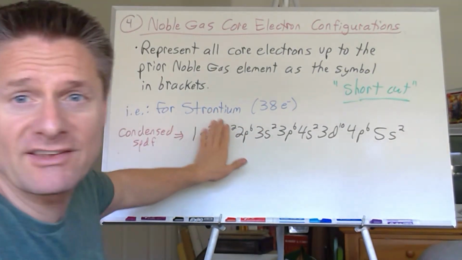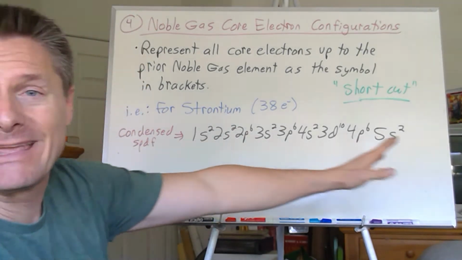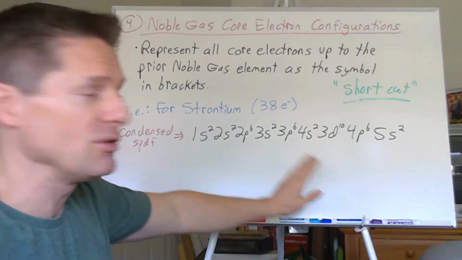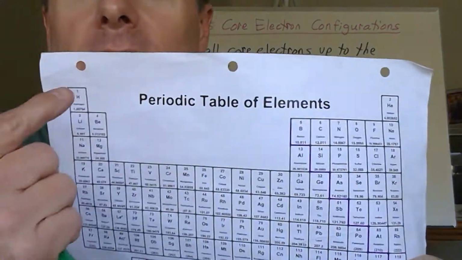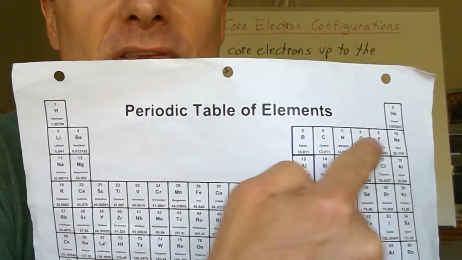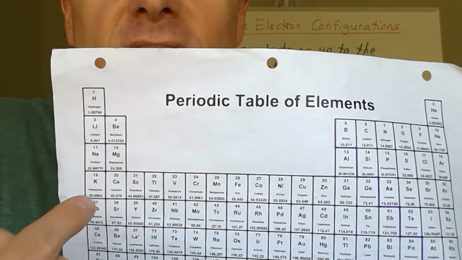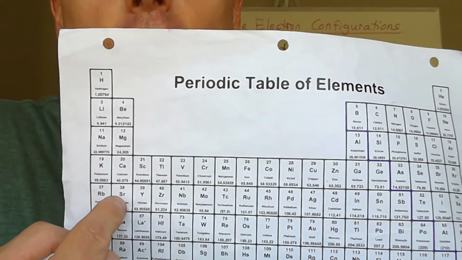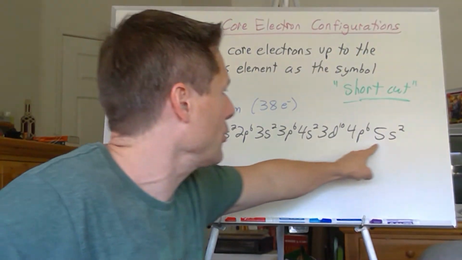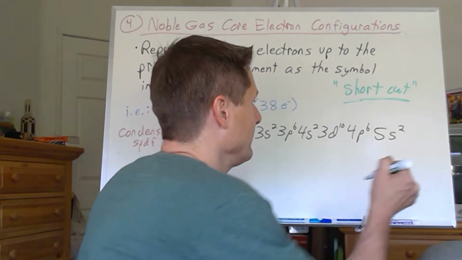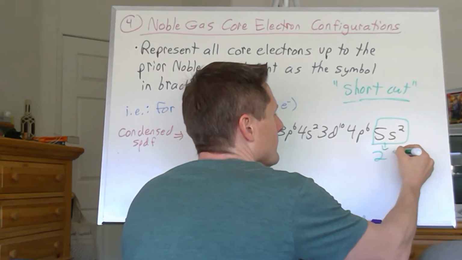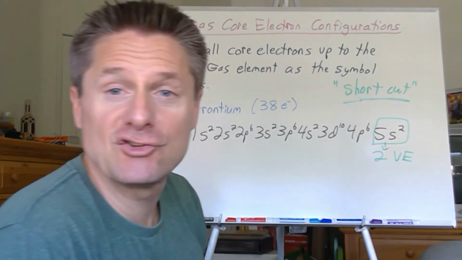So let's say for strontium with 38 electrons. If you do the condensed electron spdf notation, you get 1s2, 2s2, 2p6, and you move all the way over: 1s2, 2s2, 2p6, 3s2, 3p6, 4s2, 3d10, 4p6, 5s2. Right? Well, what's the highest n level? 5. Do you see that? Would you agree there's 2 valence electrons there?